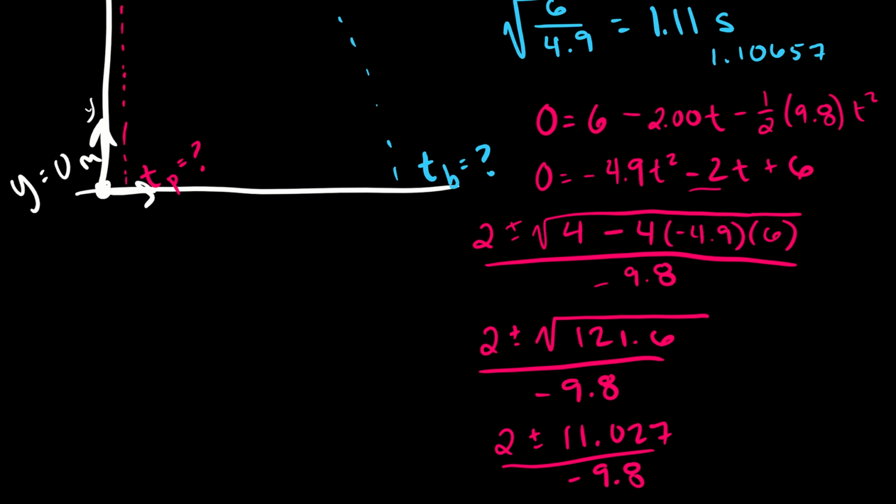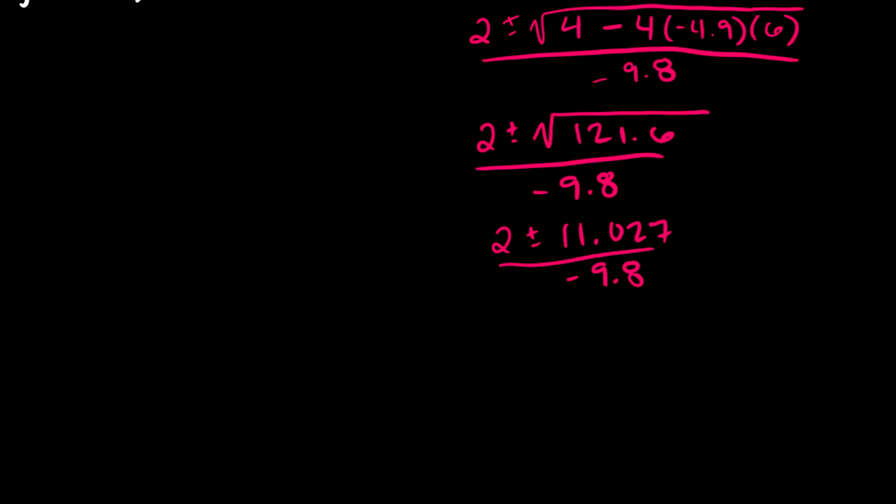We have two choices here for our time. By looking at this, we see that when we do the addition, we're going to get a negative time, which is not what we want. So let's do the subtraction.